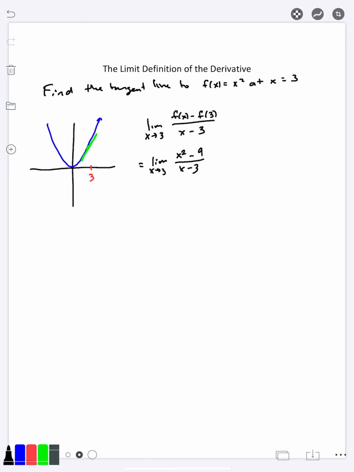And notice that, as I said before, your first try at any limit is just to plug in the value of x. But if you plug in 3 here, you're dividing by 0. And as I said, you're going to very routinely be dividing by 0. And so we can't do that, but what we can do is go ahead and do some factoring here, do some algebraic simplification.